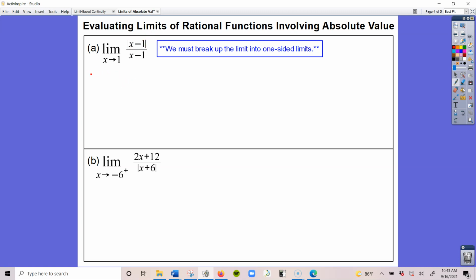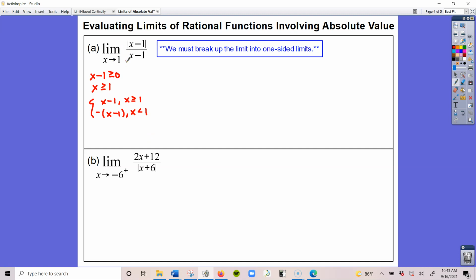So let's set up the inequality. We have x minus 1 is greater than or equal to 0. Add the 1, and we have x is greater than or equal to 1. So my pieces for the absolute value would be x minus 1 for when x is greater than or equal to 1, and negative x minus 1 for when x is less than 1.